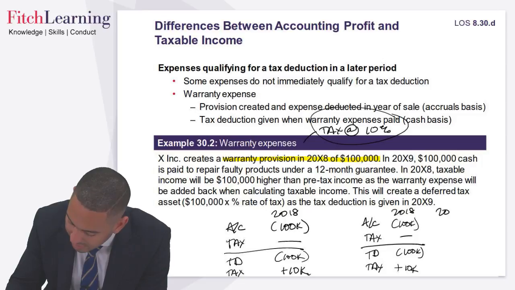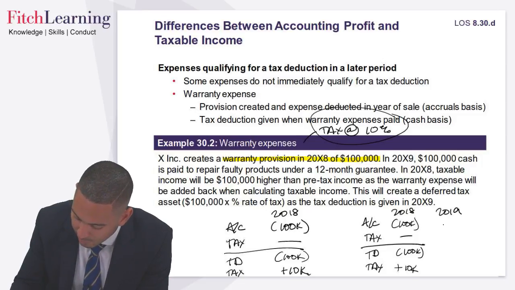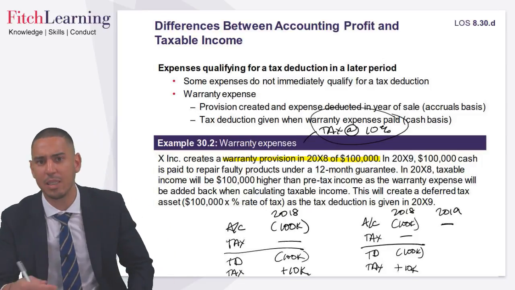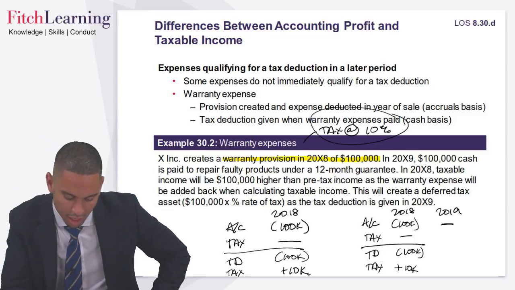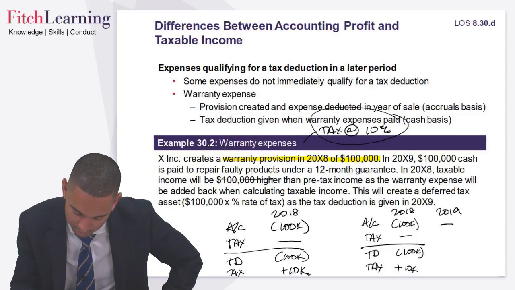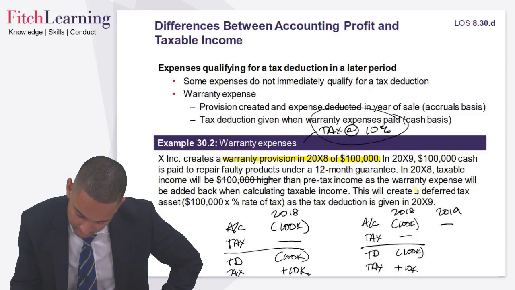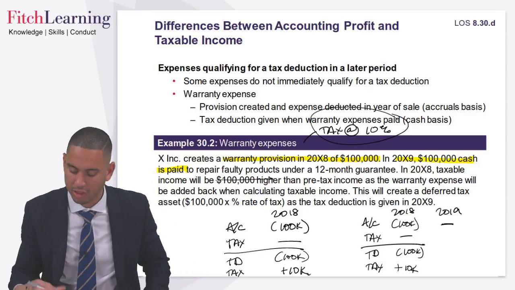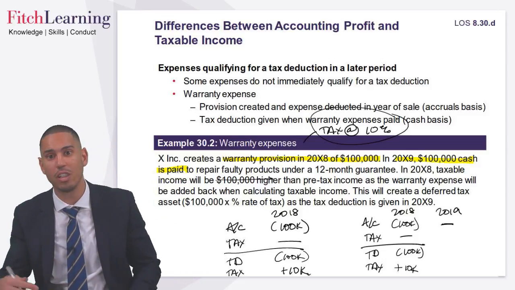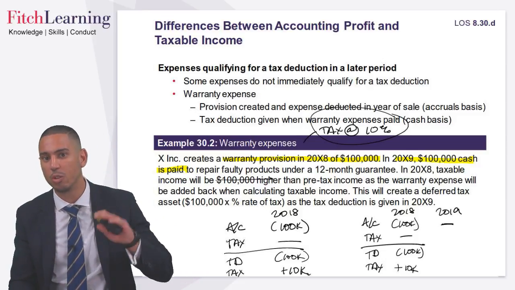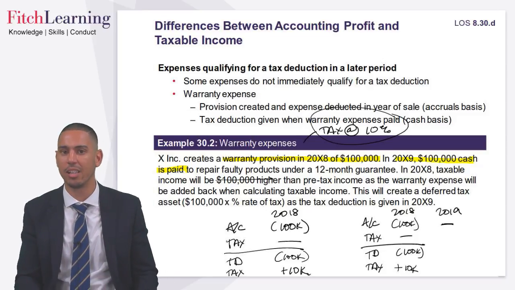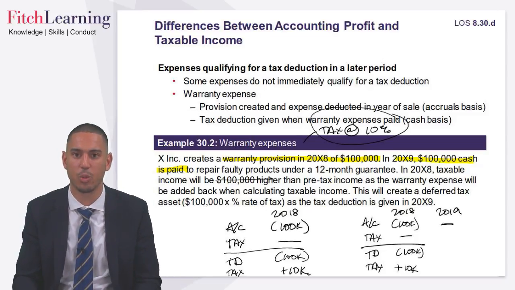And in 2019, my accounts will say, if you actually manage to settle these for 100,000, as we've been told, let's just say in 2019 the cash gets paid. So my accounts are going to say, you no longer get a deduction. You took your deduction in 2018. There's no more deductions taken in 2019.